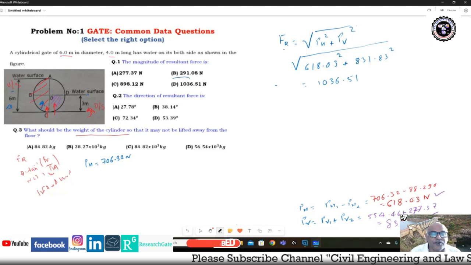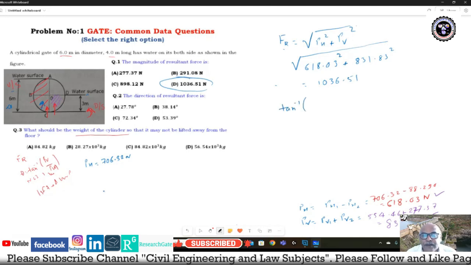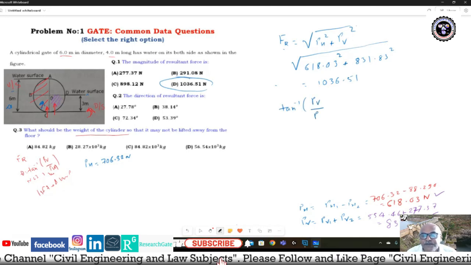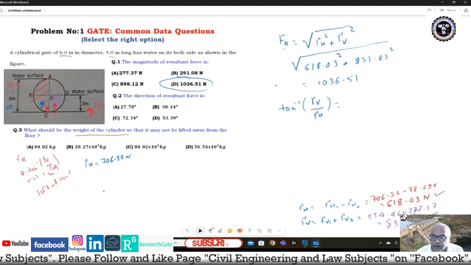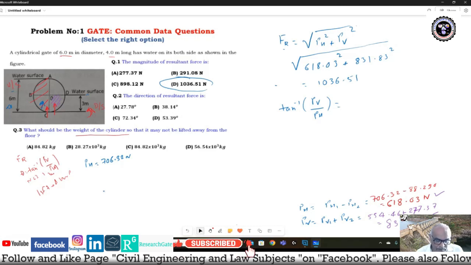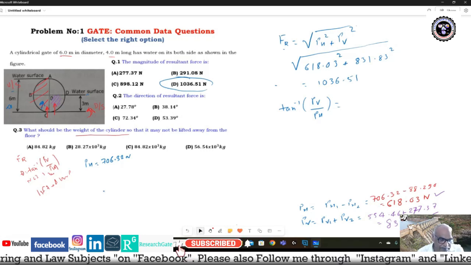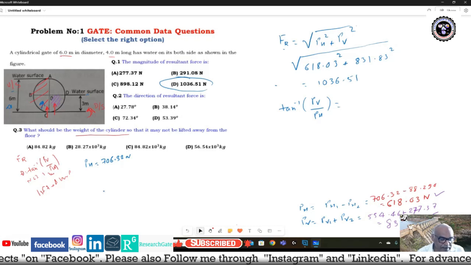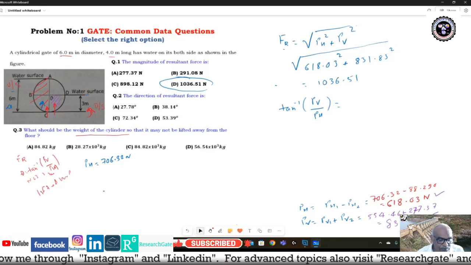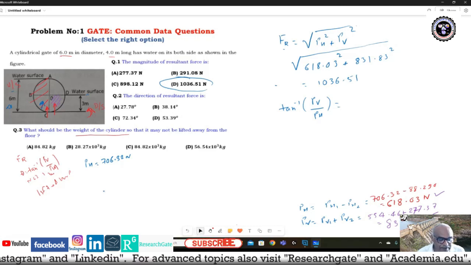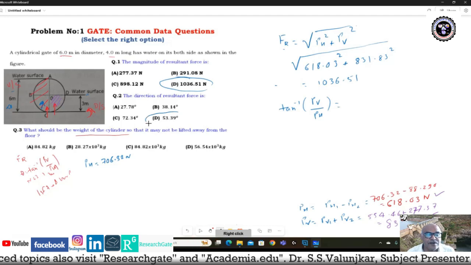So this option is the correct option. Now tan inverse of PV upon pH, that is PV upon pH, equal to 831.83 divided by 618.03, and taking the inverse of tan, we get 53 degree 38 minute 85 second, that is approximately 53.39 degrees. This option is the correct option.